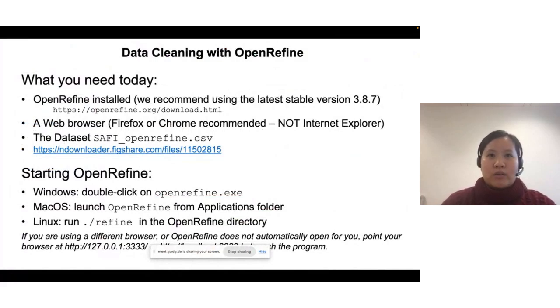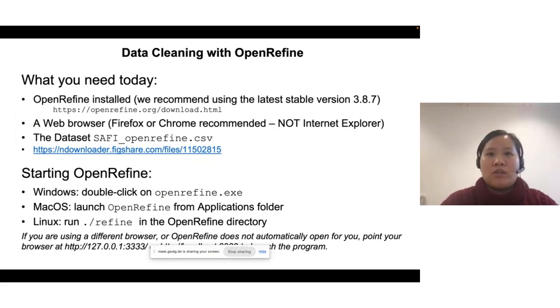So if you are on Windows, then just click on the link and it will take some minutes, no less than a minute, to download it, and then you can open it. On Mac, you can find it in the Applications folder after downloading, and then you just click on it, and it should automatically launch in your default web browser.